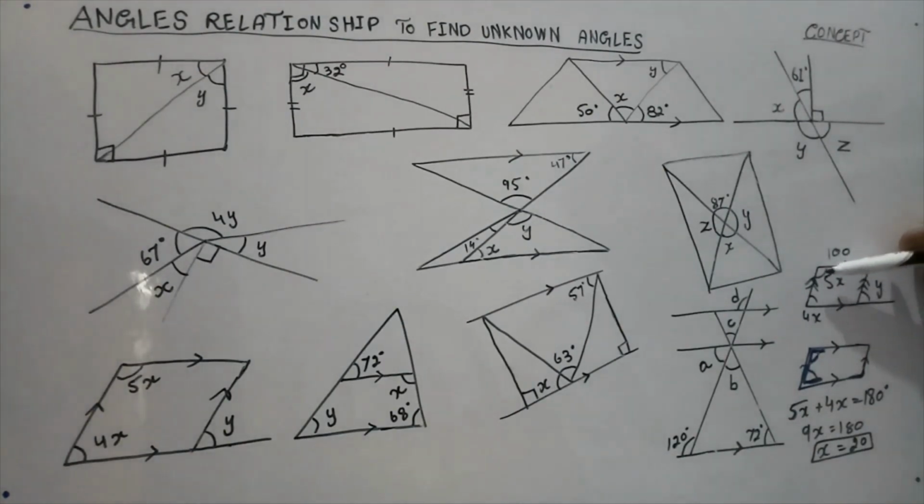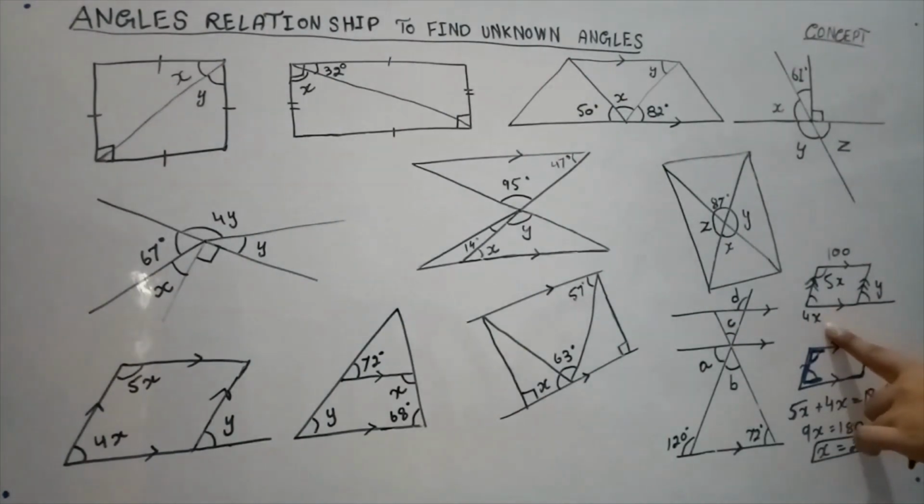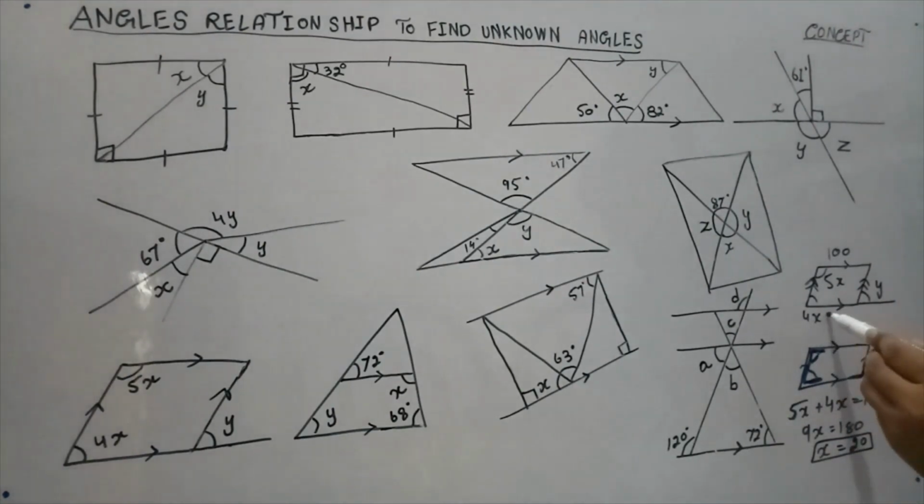And if I take this angle, 4 multiplied by 20 will be equal to 80 degrees. So this angle will be equal to 80 degrees.